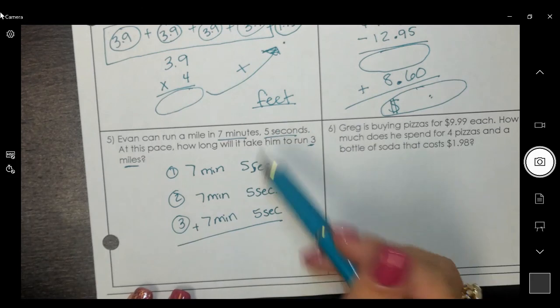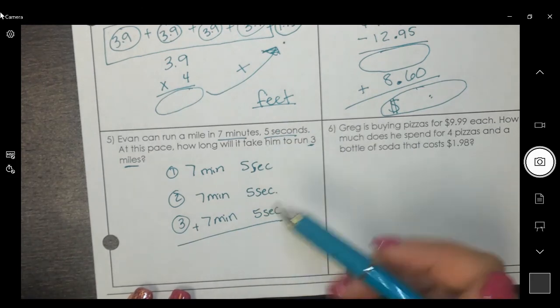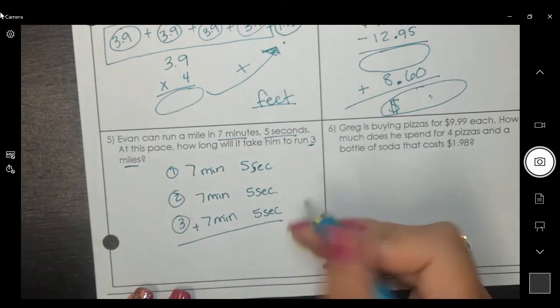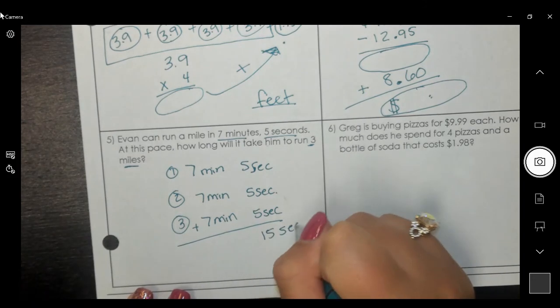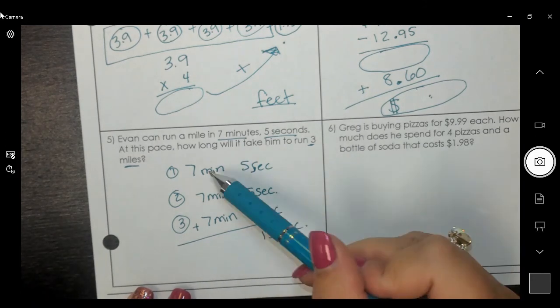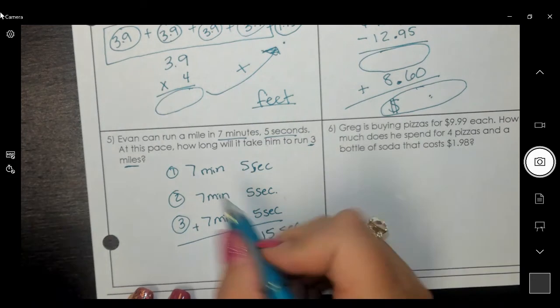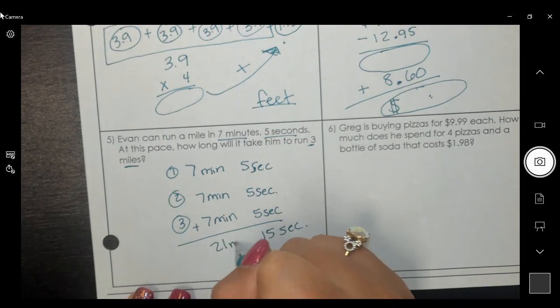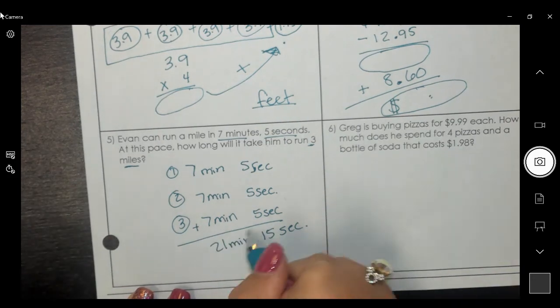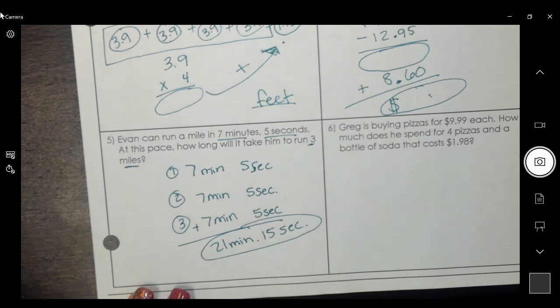These numbers are pretty easy, so you can probably go ahead and just add those up, 5, 10, 15. So 15 seconds. And then 7, 14, 21 minutes. And so that one is already done for us. But that's how that process goes.